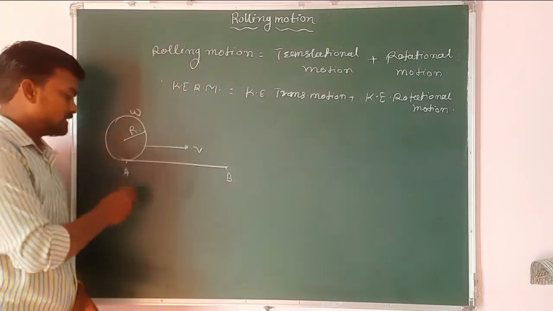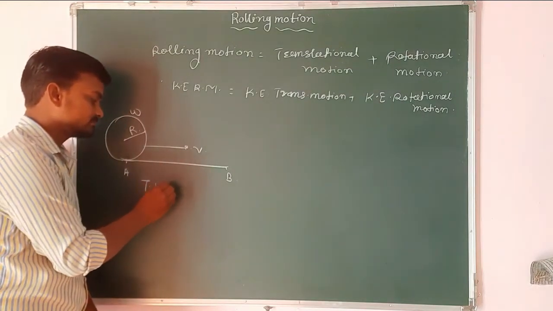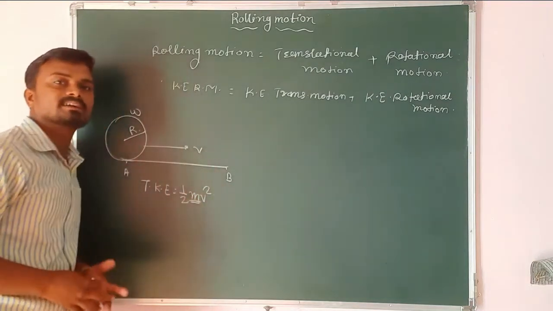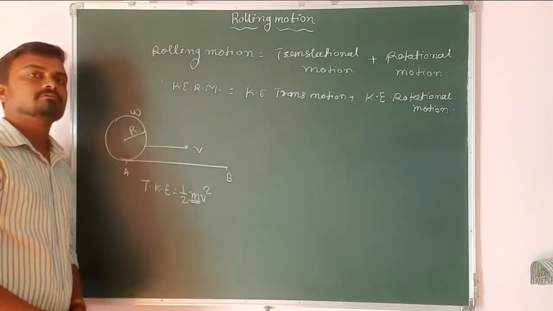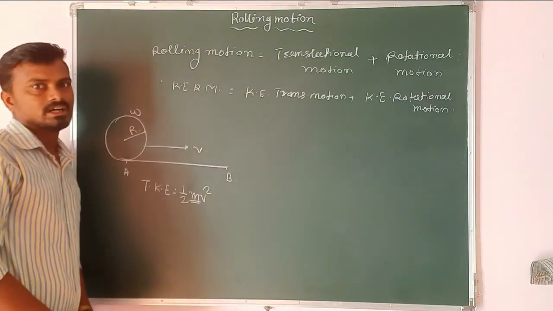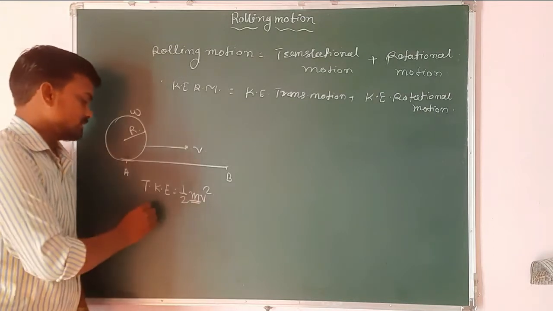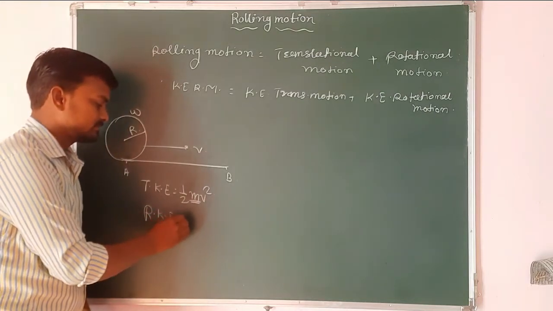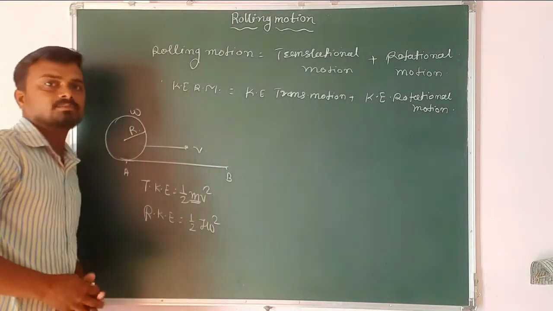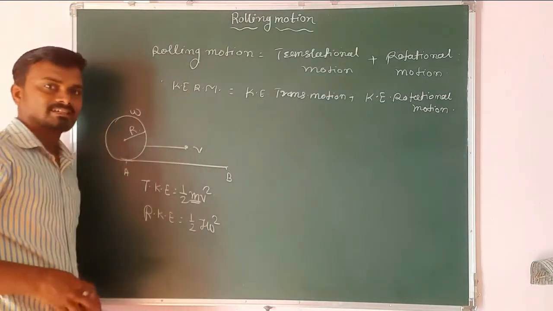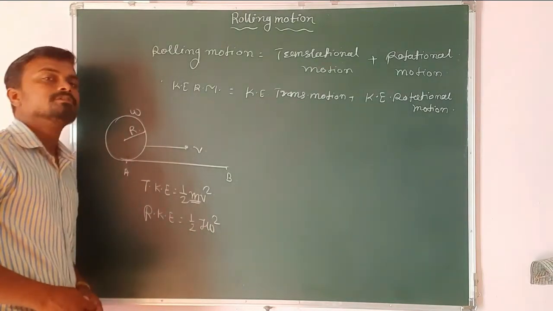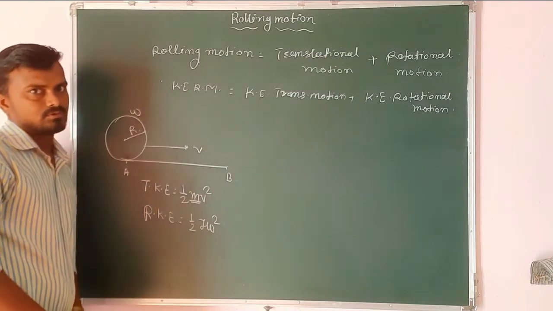Now the translational kinetic energy is 1/2 mv square, where m is the mass of the object and v is the velocity with which it translates from one place to another place. As well as rotational kinetic energy is 1/2 I omega square, where I is the moment of inertia about this fixed axis and omega is the angular velocity with which the object is rotating.